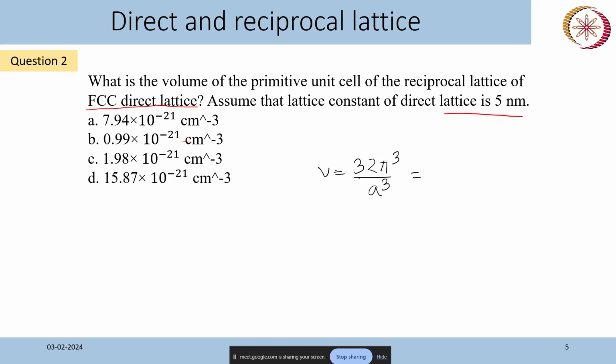You can do the calculation and tell me what the answer is, A, B, C or D. And please check the unit. The unit is given as per centimeter cube. So 5 into 10 to the power minus 7, I am writing, converting nanometer into centimeter.